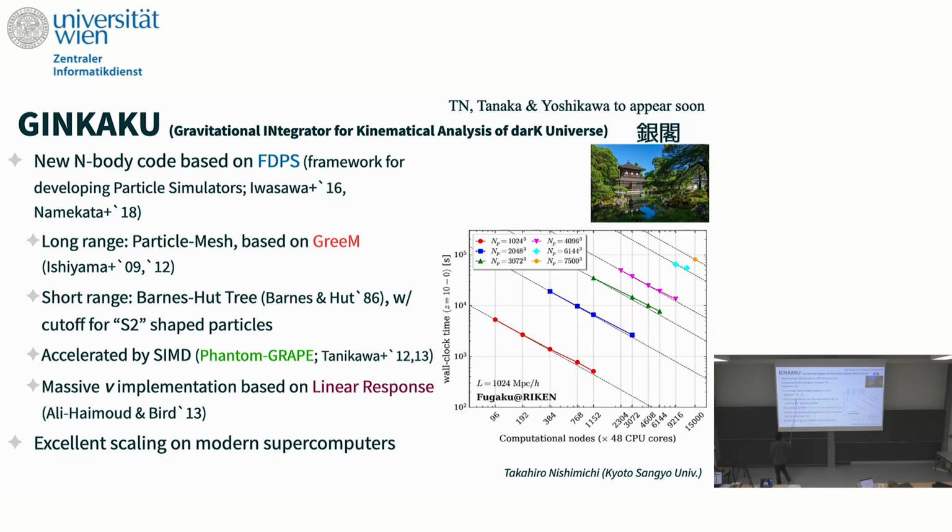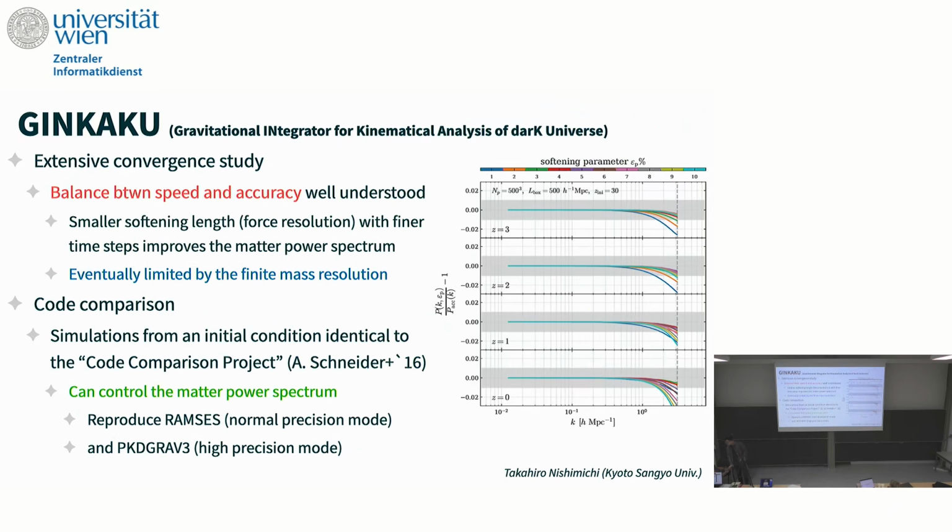I forgot to mention that the tree part is accelerated, right now not using GPUs, but using a library called Phantom-GRAPE. It uses the SIMD instruction set, so it's pretty fast. That's what we are using right now. We are also very careful and test the convergence.